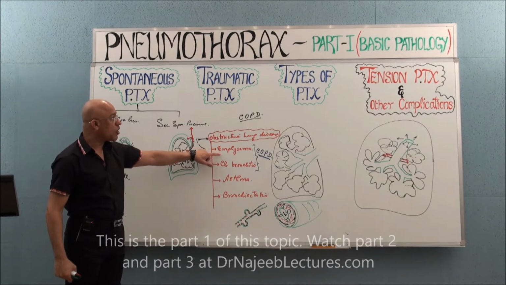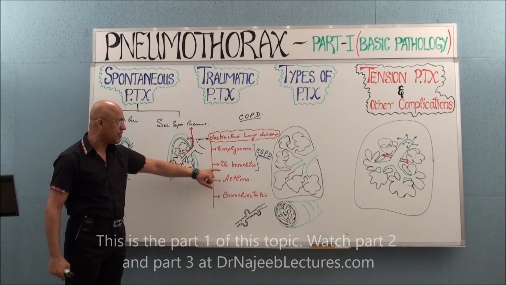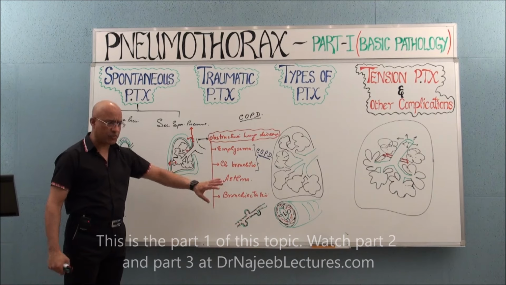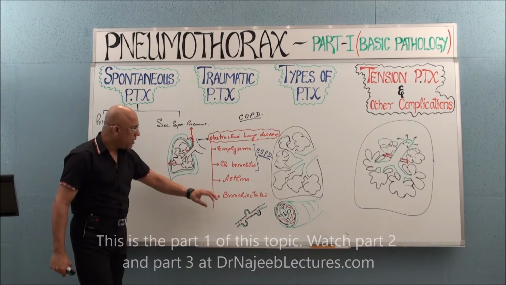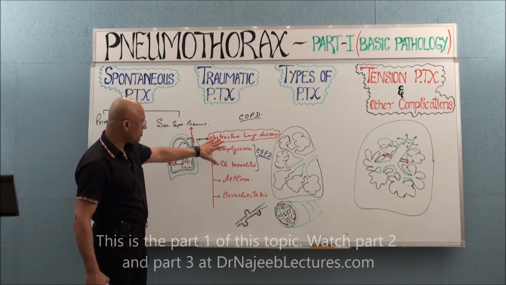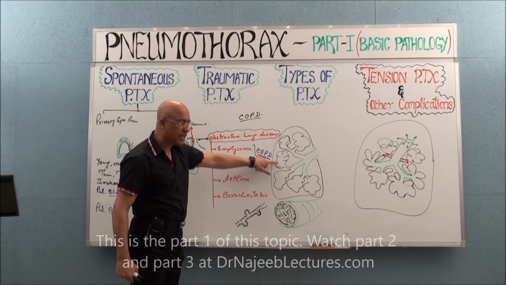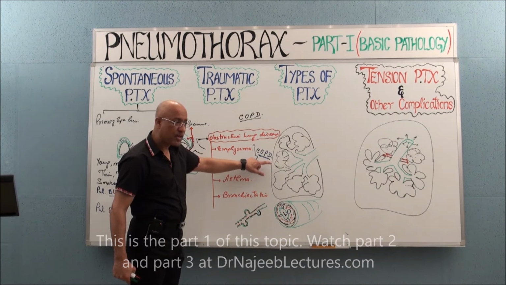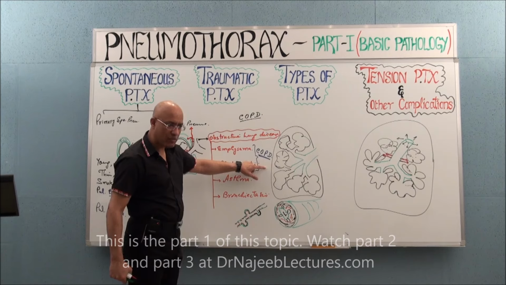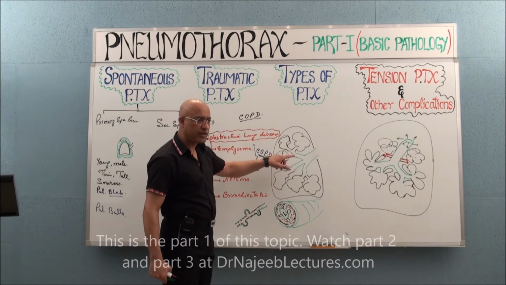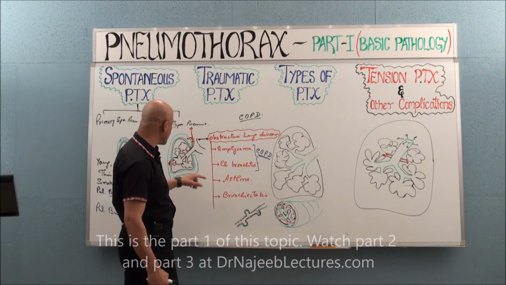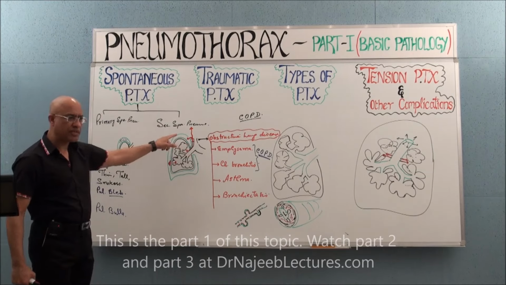So these are obstructive lung diseases like emphysema, chronic bronchitis, asthma, bronchiectasis, and other obstructive lung diseases. They can lead to pneumothorax either by release of air directly from subpleural rupture of the alveoli, or rupture of alveoli due to high pressure in the interstitium, and then air moves through the interstitium into the mediastinum and then it may rupture.